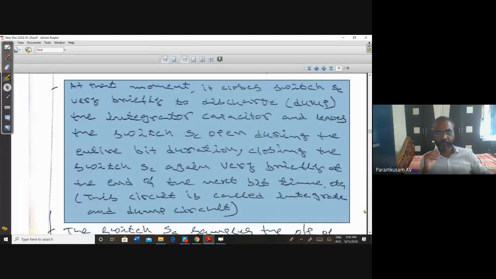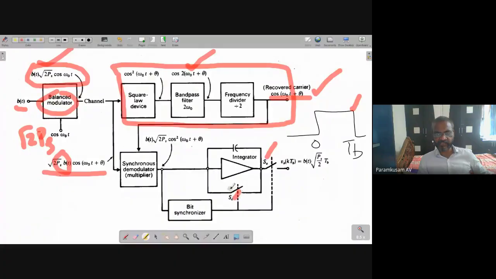See here. When switch SC is closed, what happens? The output of the integrator is discharged.